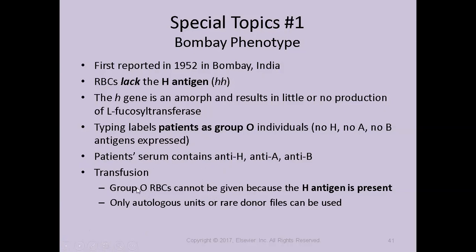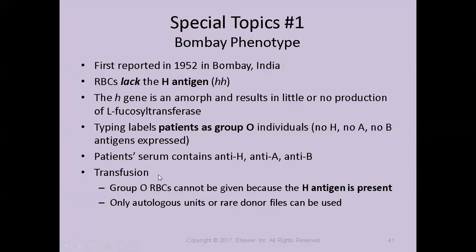We can't just give them group O red cells. Okay, because somebody who's a regular group O has the H antigen. And if you think back to when we were looking at H antigen, group O people actually have the most H antigen.